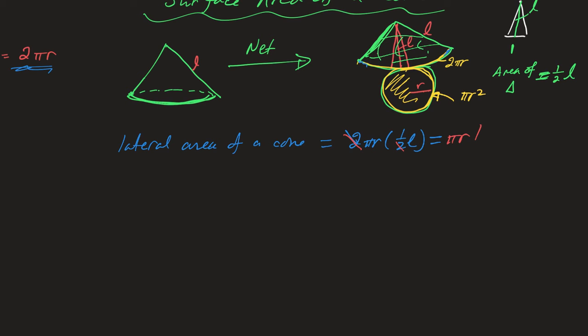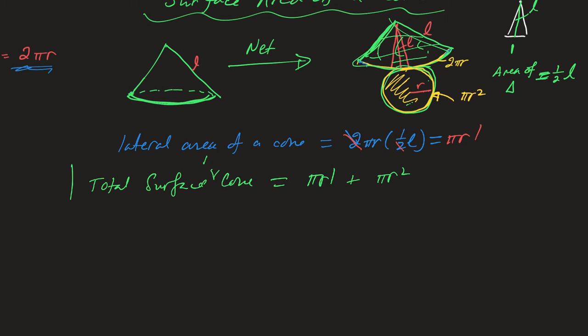So the total surface area of a cone is equal to pi r L, that's the lateral area, this section here, plus this area, which is the circle, pi r squared.